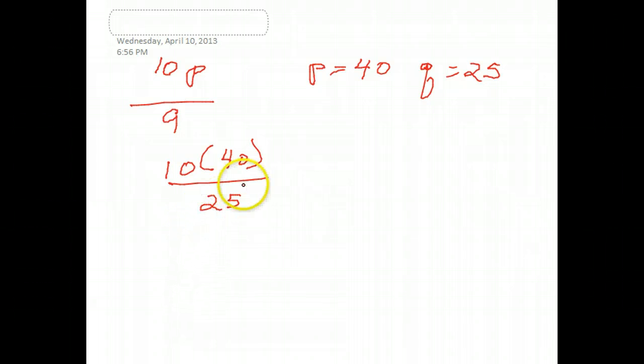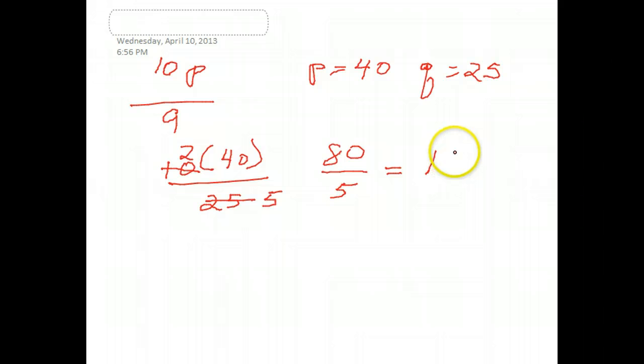And I can divide both 10 and 25 by 5, so this will give me 2, and this will give me 5. So now I have 2 times 40, which is 80, and I have 5 at the bottom, and 5 goes into 80 16 times. So that is the answer.